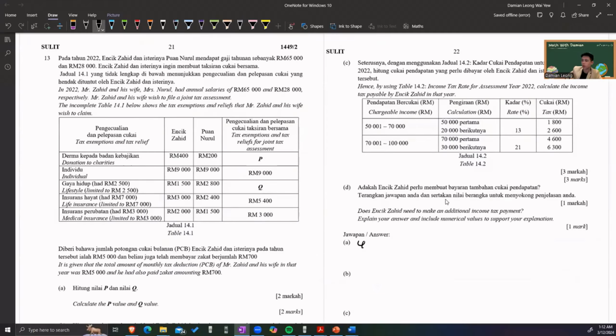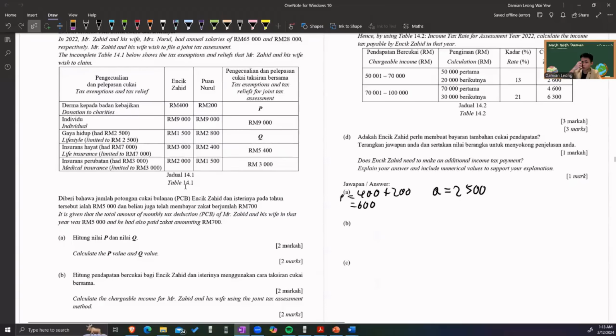So just take 400 plus 200, which gives 600 ringgit. Then Q is just 1,005 plus 2,008, but it is limited to 2,500, so it would just be 2,500 because it's more than the limit, so it would be set to that limit.